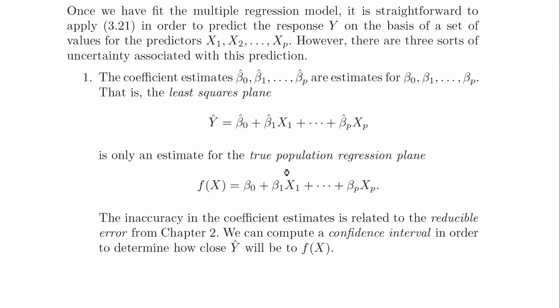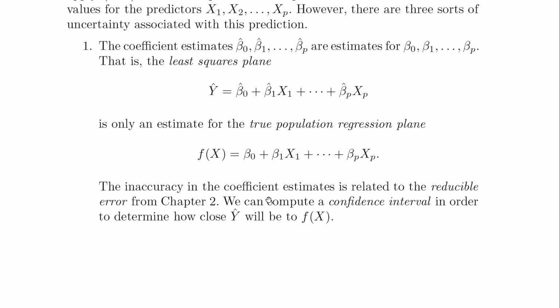It's an approximation. The inaccuracy in the coefficient estimates is related to the reducible error. We can compute a confidence interval in order to determine how close y hat will be to f of x. f of x is the true relationship. y hat is the prediction.